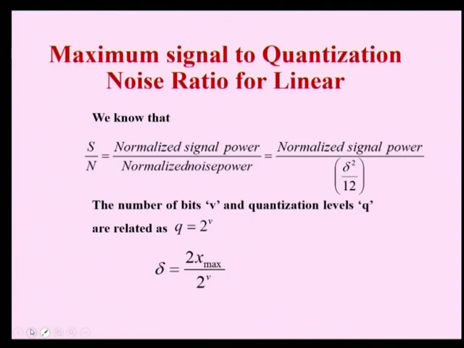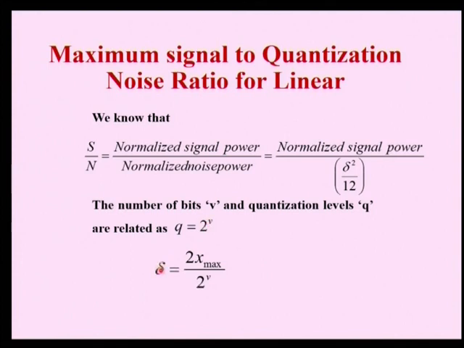Now we are going to find the signal to noise ratio. This is the normalized signal power, and this may be of any signal, x of t may be of any type, and the noise power we calculated is del square by 12. If the number of bits is v and the quantization level is Q, then the relationship between the number of levels and the number of bits is Q equal to 2 power v.